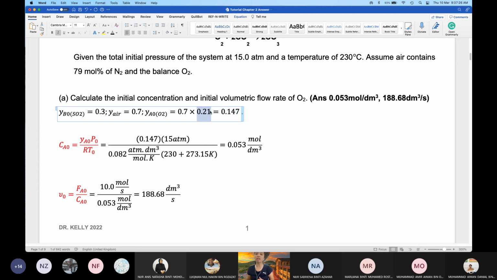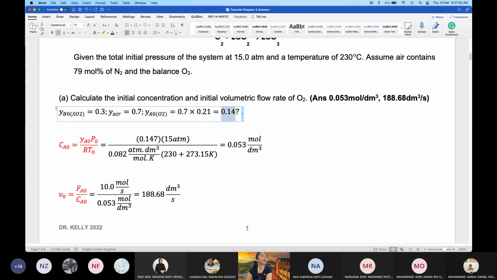Kenapa tak ambil yang 0.21? Sebab 0.21 tu, 21% tu, hanya yang dia ambil kira yang terangkum dalam udara sahaja. Tapi kalau kita nak tahu keseluruhan dalam sistem, kita kena ambil kira juga yang termasuk dengan SO2. Sebab tu kita akan kira dalam 70% air ada 21% O2. That's why you multiply these two, you will get the mole fraction of oxygen in the overall system as 0.147.